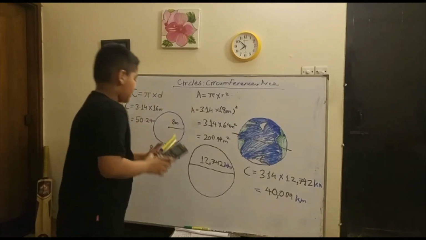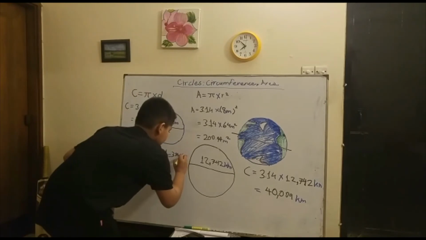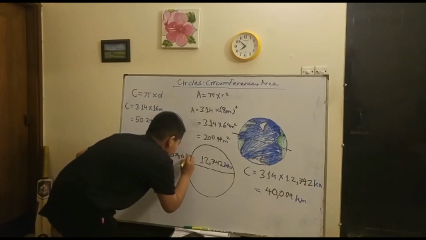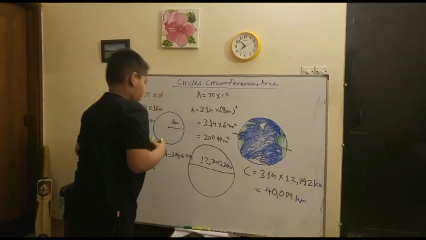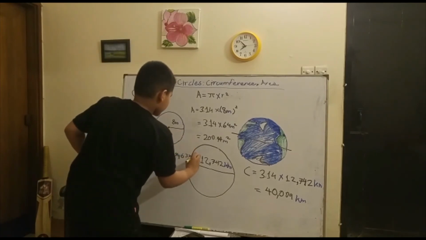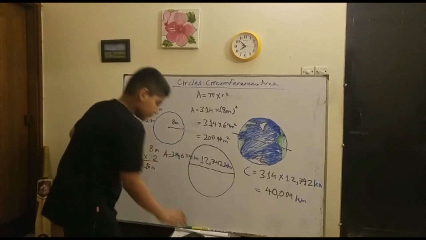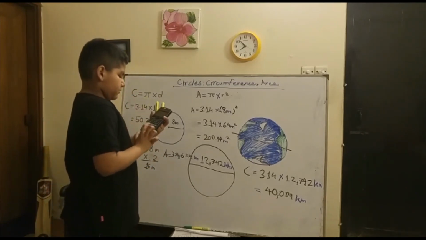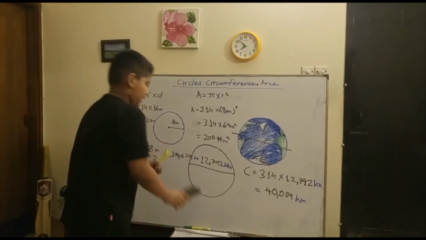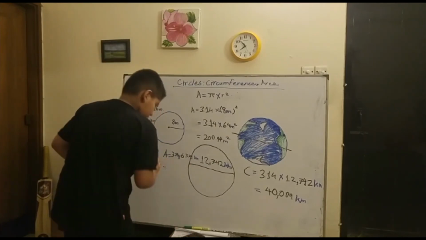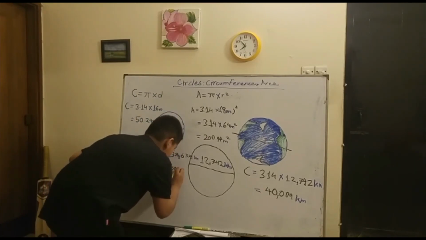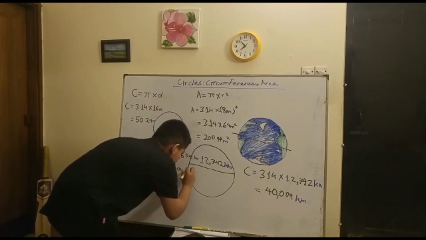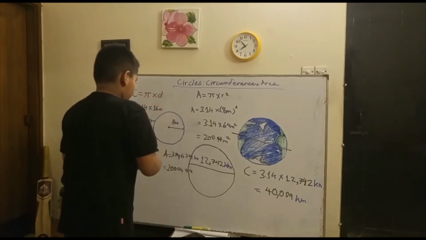So yeah, and we get a radius of 6,371 kilometers. Now let's use our calculator, and we get a whole area of 20,004.94 kilometers.